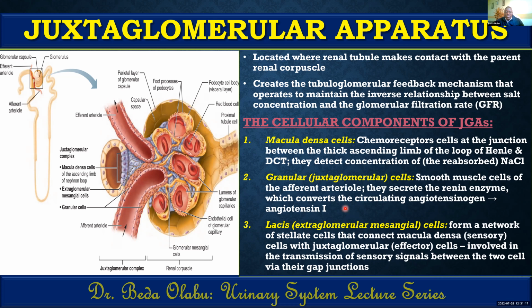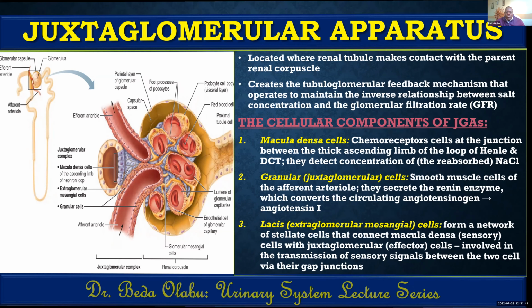Great, so these are the components of the juxtaglomerular apparatus. We'd already talked about the renin, angiotensin, aldosterone system in the first talk, but there are some components of this, like the tubular-glomerular feedback, that we're going to talk about better after we describe the glomerular filtration in the next class.